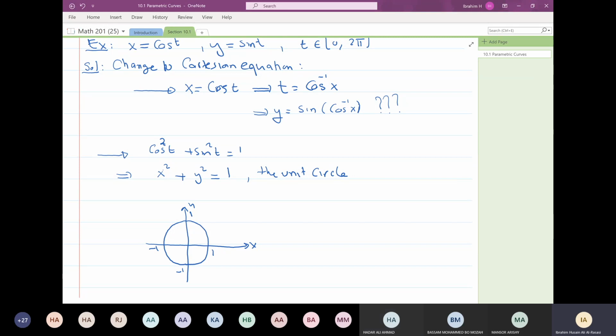Okay, now direction. How to indicate direction? Are we going clockwise or counterclockwise on the unit circle? Take some points. It is very simple really to indicate direction. Just take a few points. But here, pay attention, within a period.